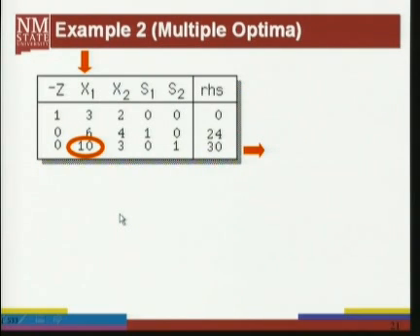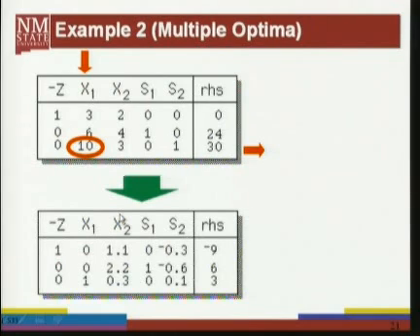As we increase x1 from 0, the first block occurs at 3, where the S2 variable becomes 0, which means S2 leaves the basis. And we come up with this new tableau resulting from the pivot.